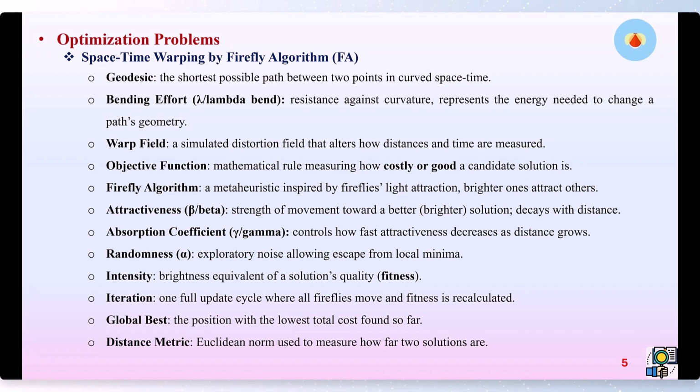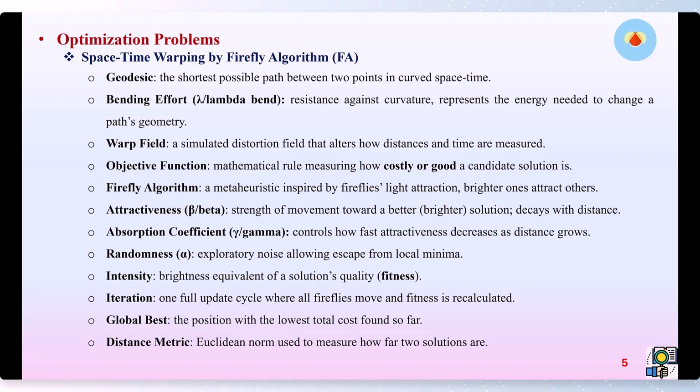Firefly algorithm is a metaheuristic inspired by fireflies' light attraction, in which brighter ones attract others, which is explained in section 1. Attractiveness, or beta, is an important parameter of the Firefly algorithm, the strength of movement toward a better, brighter solution, which decays with distance.